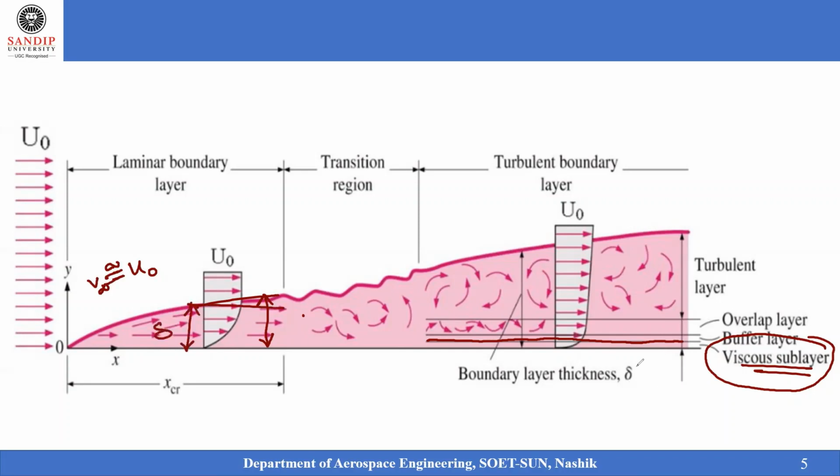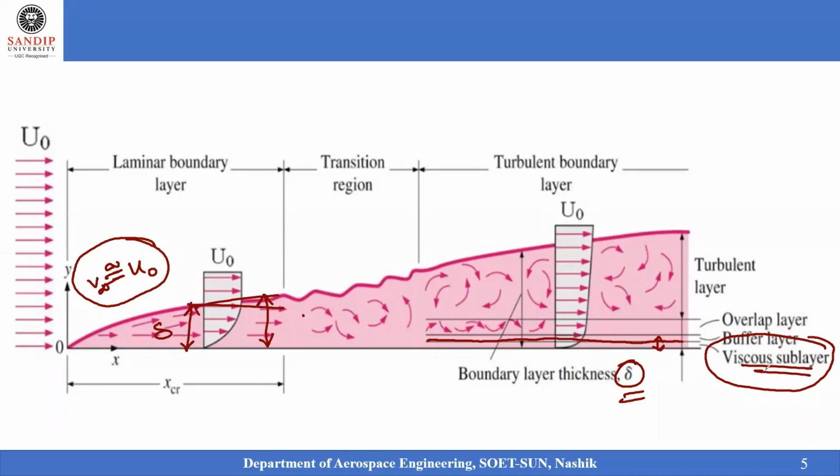But in the turbulent region also, we are getting a boundary layer thickness, but it will not be as tall as we have it in the laminar region. Even a very small layer can be noticed in the turbulent zone, and that region we will call a laminar sublayer.